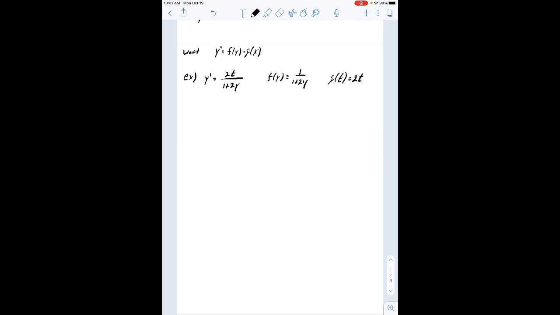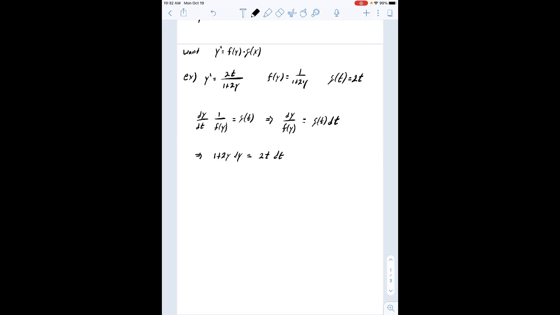Now I'll write my dy in terms of dt, and then I will go 1 divided by f of y is equal to g of t, which then we can just multiply our dt over to the other side, and we get dy over f of y is equal to g of t dt. Okay, so plugging this in, we get 1 plus 2y dy is just equal to 2t dt.